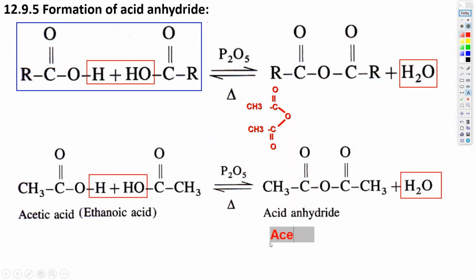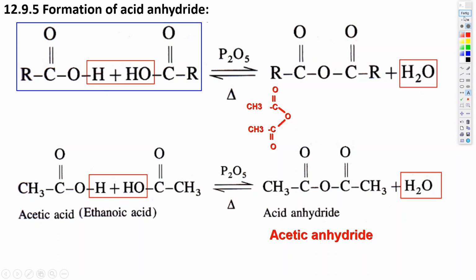Name of this compound is acetic anhydride. Make correction in your notes. CH3 C double bond O, O C double bond O, CH3. So you can make correction in your notes. Instead of acid anhydride, you can write here acetic anhydride.